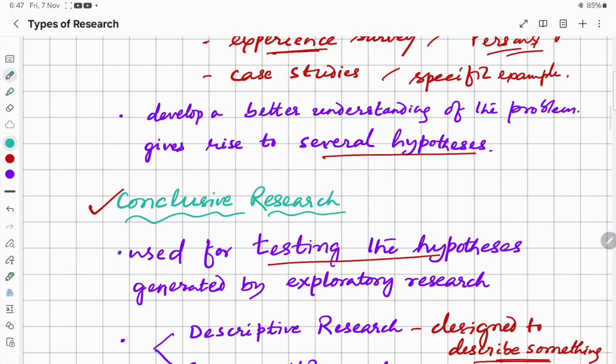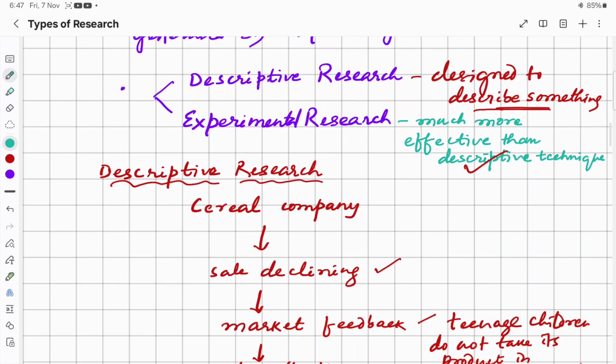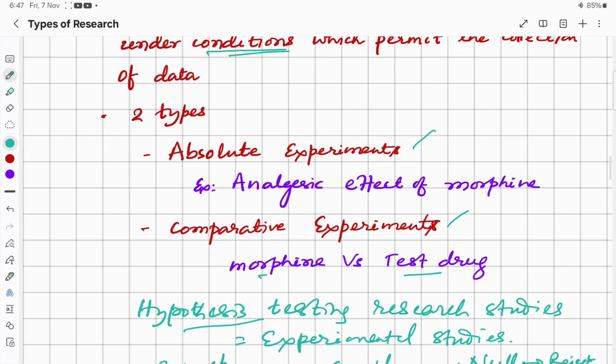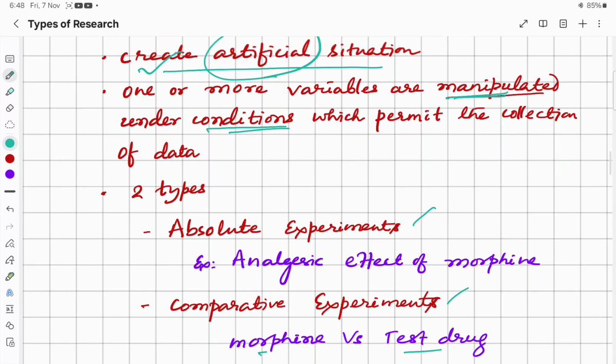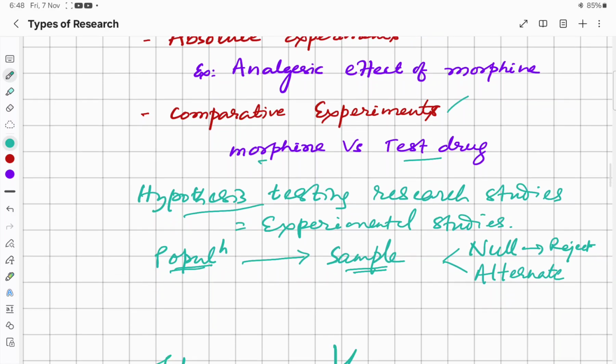Then we can do the conclusive research to test the hypothesis, and this can again be of two types: descriptive research to describe something, or experimental research, which is more effective than the descriptive technique. And in experiments we can conduct either absolute experiments or comparative experiments. In the experimental studies we do hypothesis testing research studies, and finally we can either accept or reject the hypothesis.